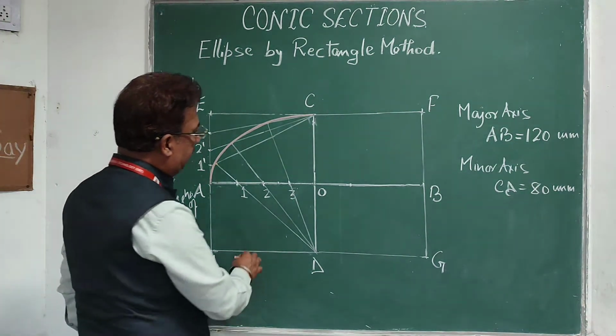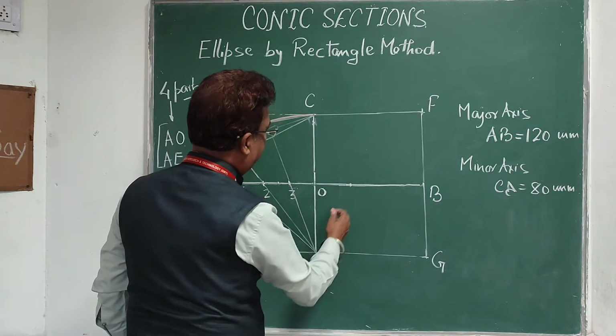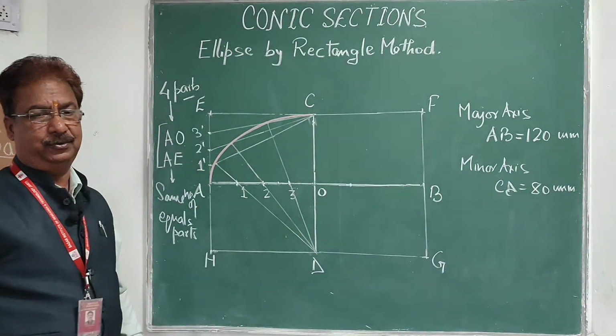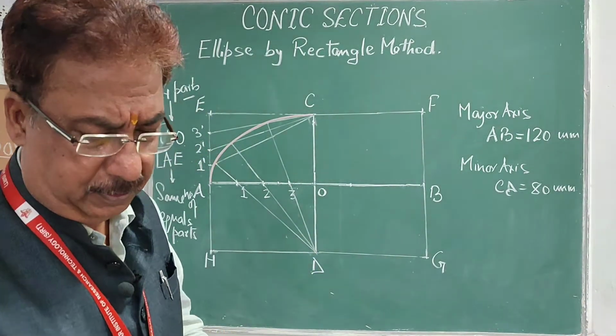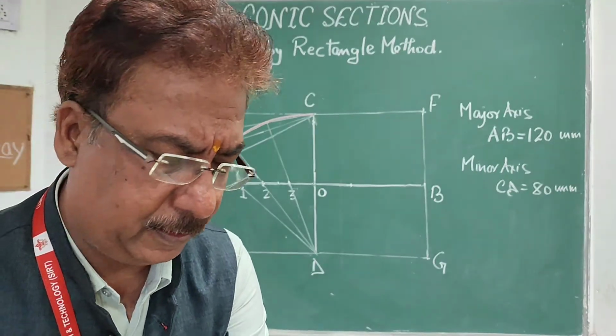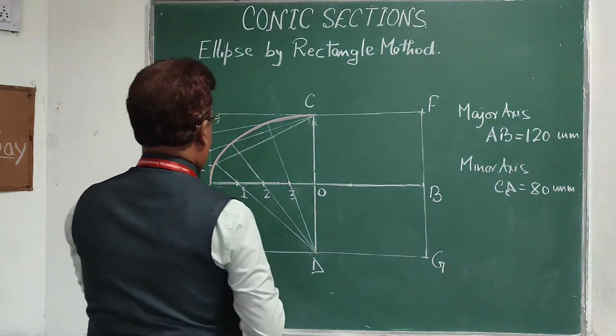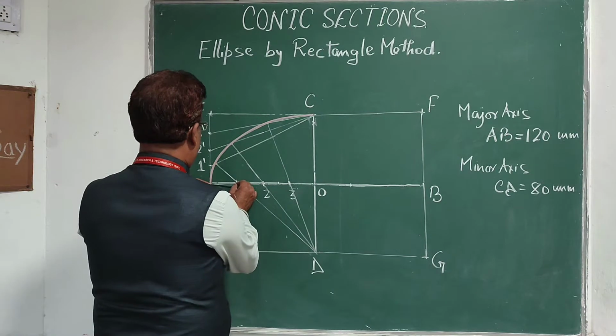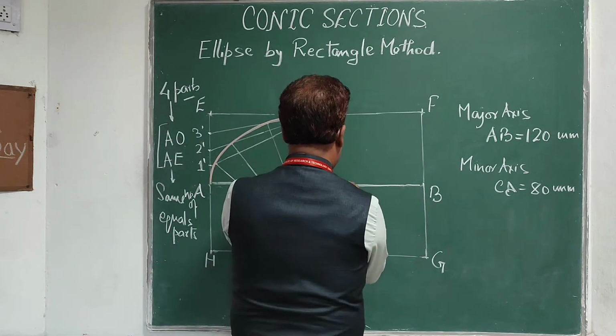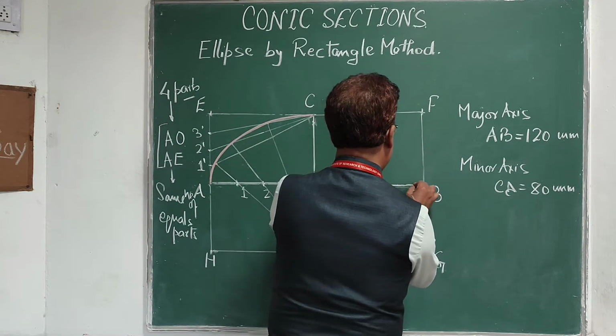Now the same method I am going to repeat on the right side also and on the lower side also. Again what I am going to do, I will divide this line OB into 4 parts.